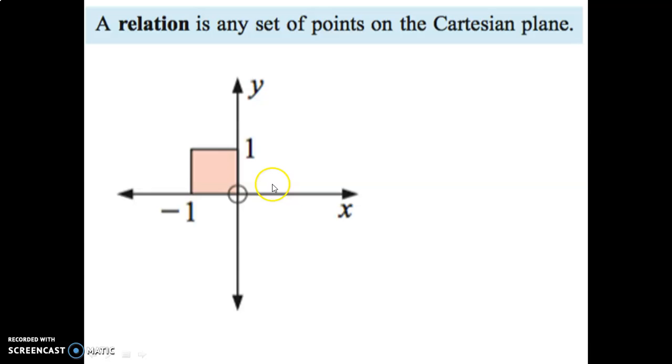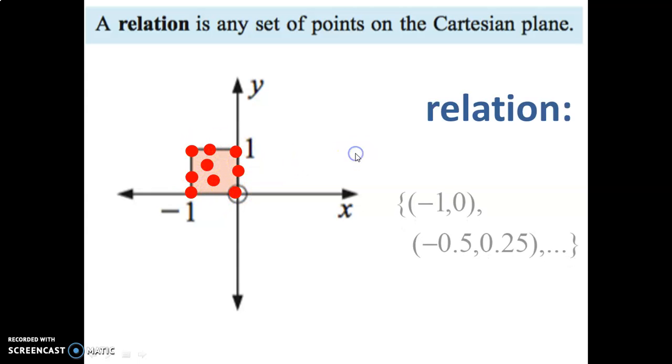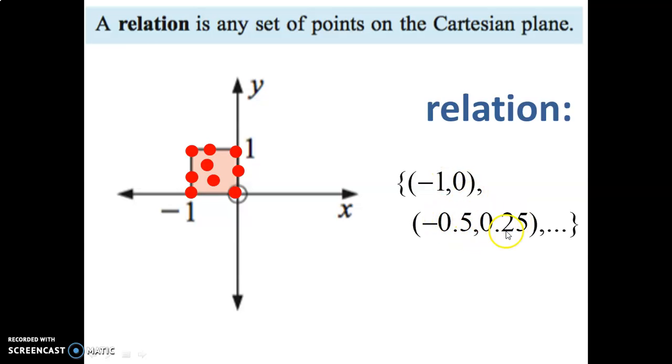Okay, how about this one? We have a square, and here we are looking for the set of points that are within or on the border of this square. Again, there are infinite points along the borders or within that square, so we'd be listing them forever.